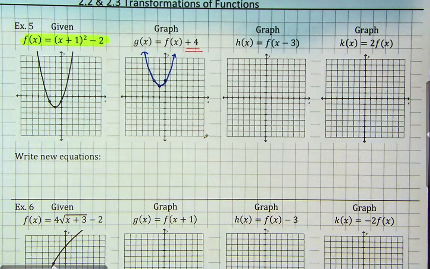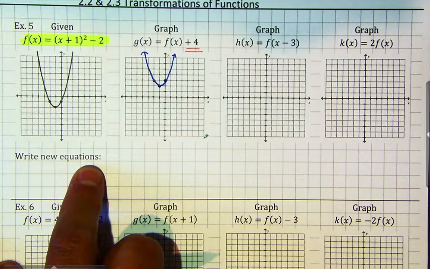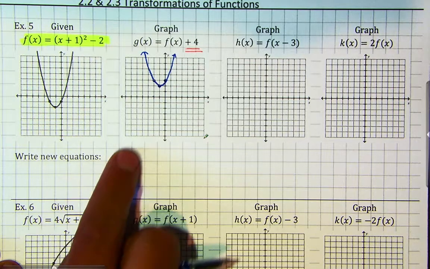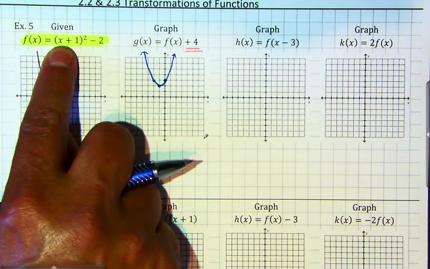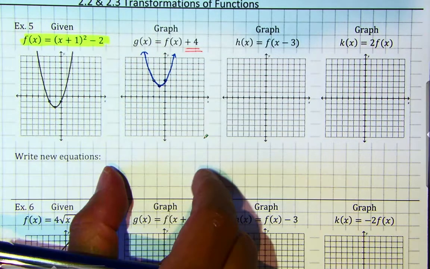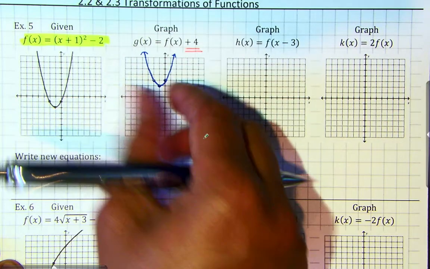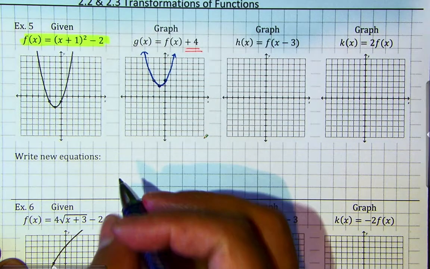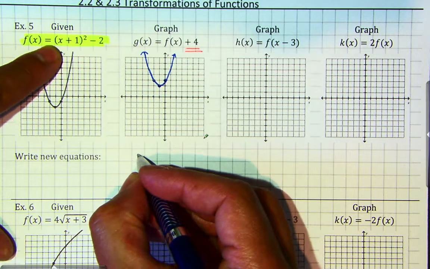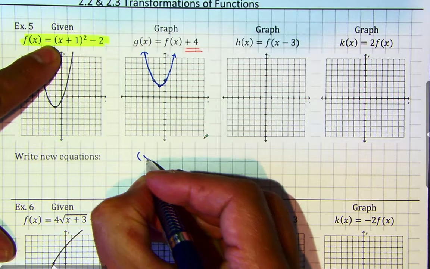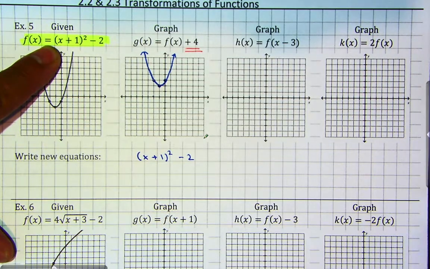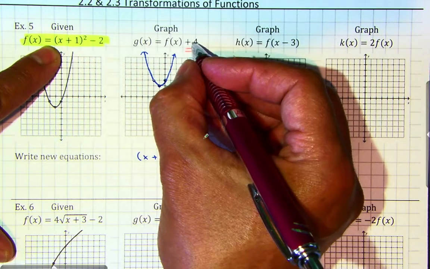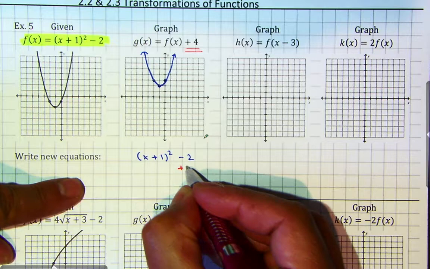But now I need to come up with a new equation. And we don't want to come up with a new equation from the graph. We want to deal with the algebraic aspect. So we need to do it algebraically and graphically and make that connection. I'm going to write down my function, (x plus 1) squared minus 2, and there's a plus 4 outside, so I'm just going to add plus 4.